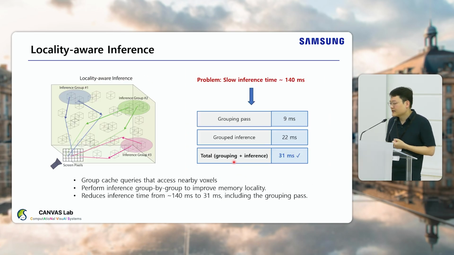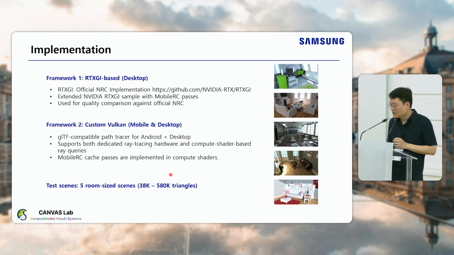For the inference side, we introduced a grouping and processing step. Before actually performing the inference, we group the nearby caches. By doing so, it introduces additional grouping time, but the total time is reduced from 140 milliseconds to 30 milliseconds.